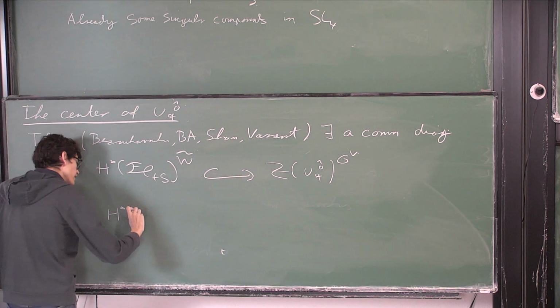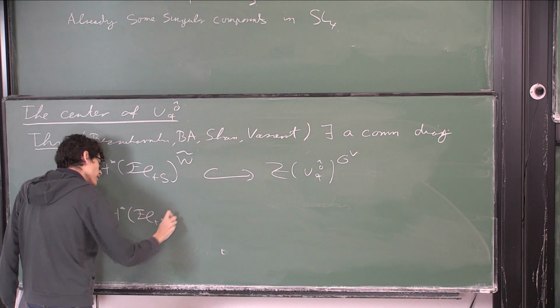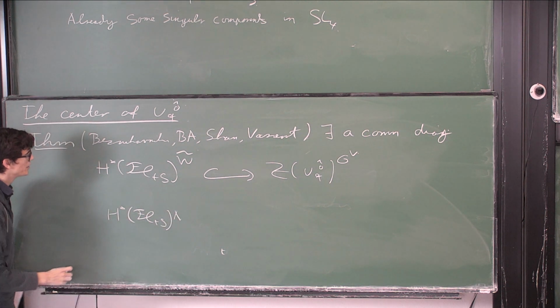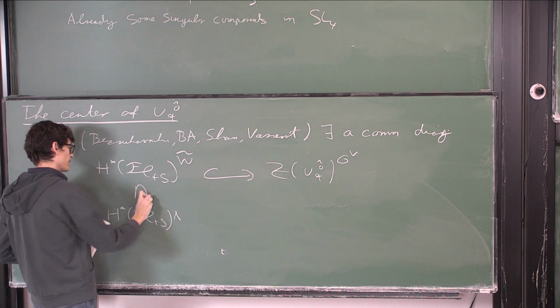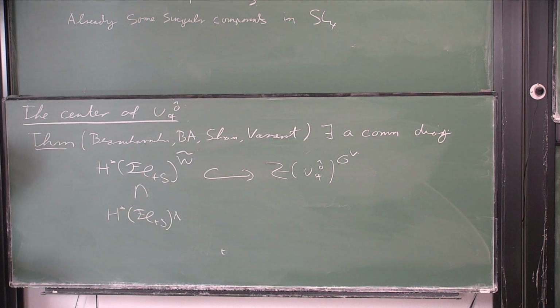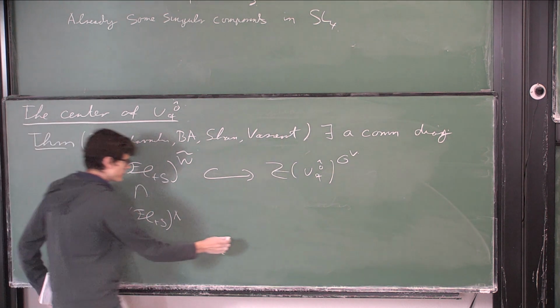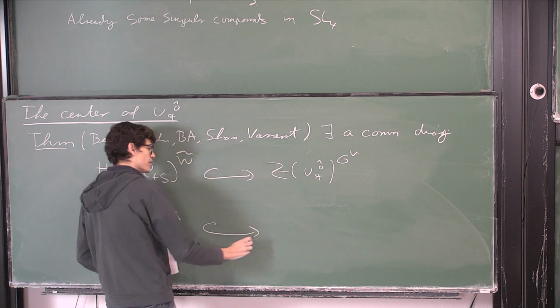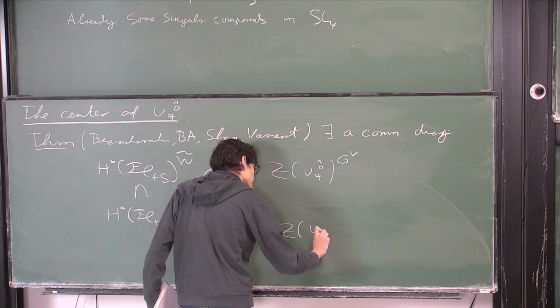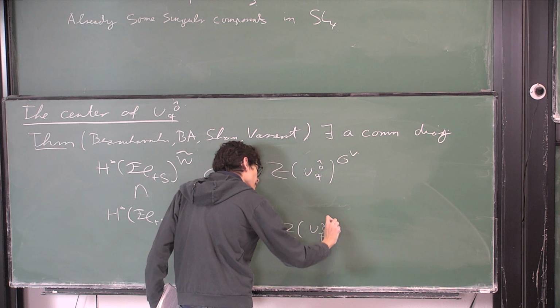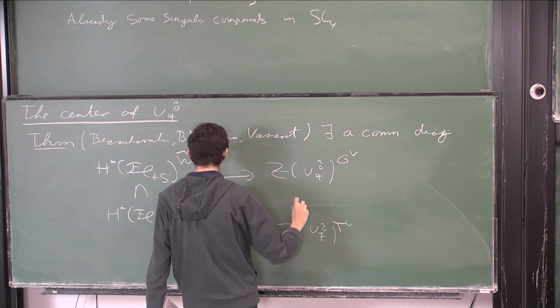If we just take lattice invariants, so don't take invariants of the whole thing, but just lattice invariants, then this lands in T invariants.